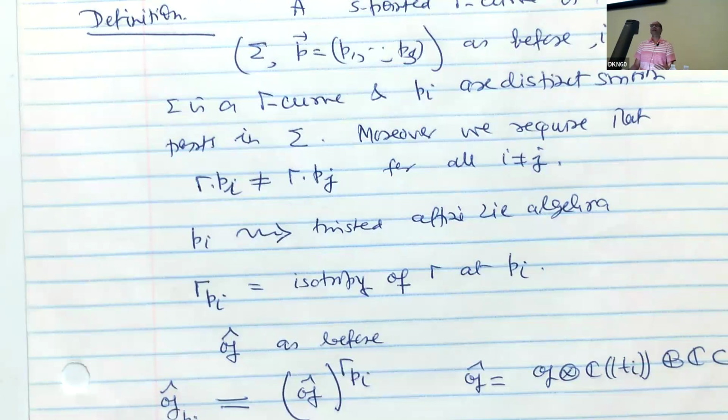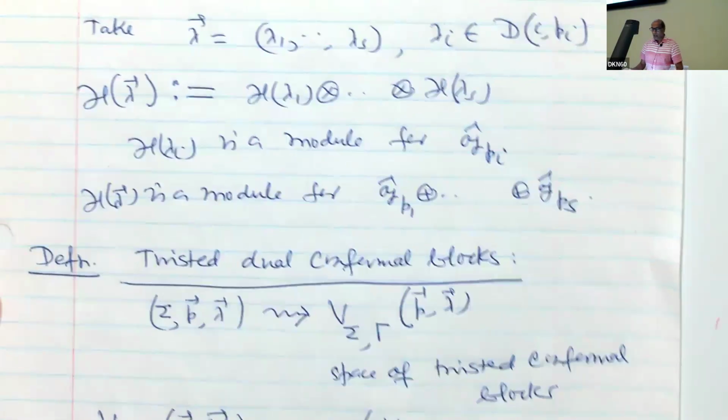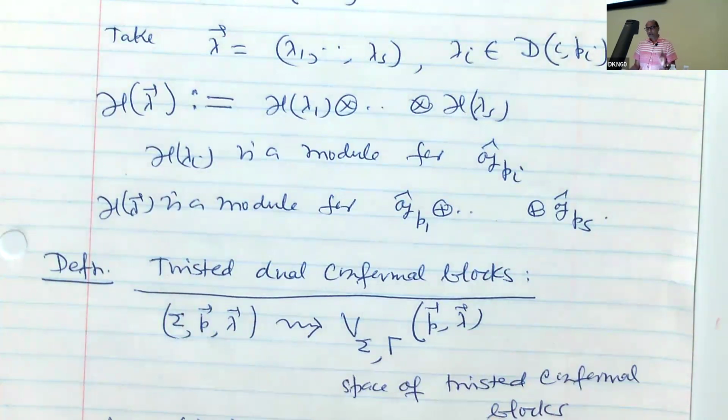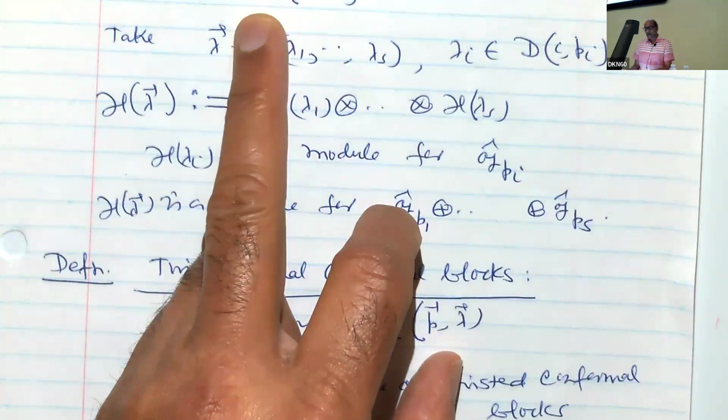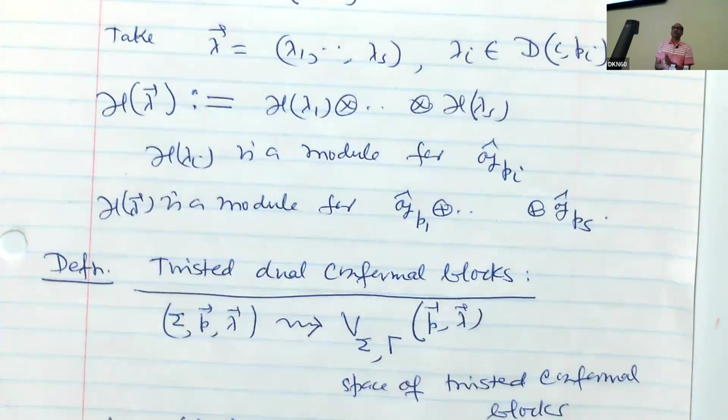Gamma Pi is some finite group, since gamma was a finite group. So we take that G hat Pi. Now to each Pi, I have a different Lie algebra attached, and that Lie algebra has its own parameterization of integrable highest weight modules, unlike before. So now to each Pi, I take the set of integrable highest weight modules for this twisted affine Lie algebra.